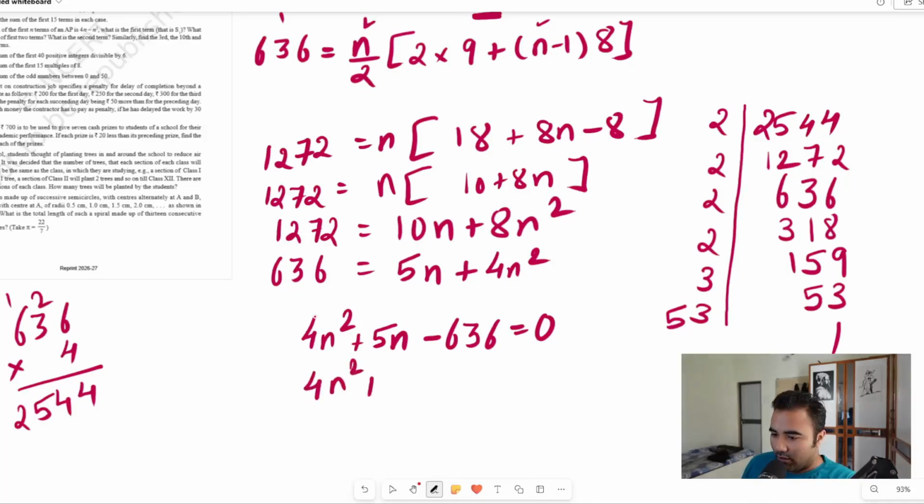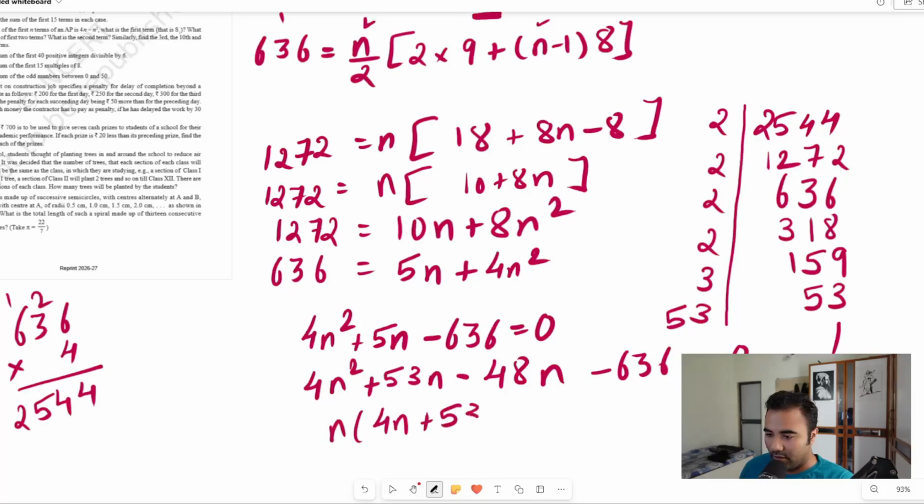4n squared plus 53n minus 48n minus 636 is equal to 0. This is going to be rather messy. Let's see. If we take n common over here, we get 4n plus 53.